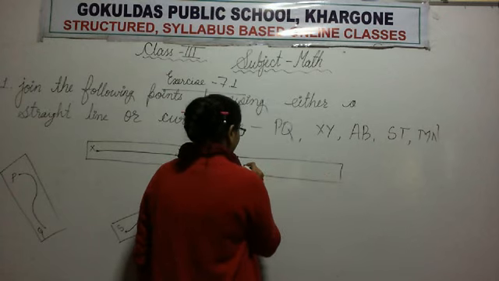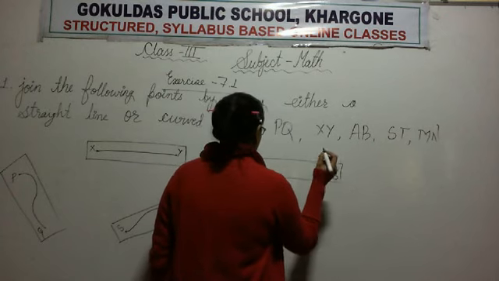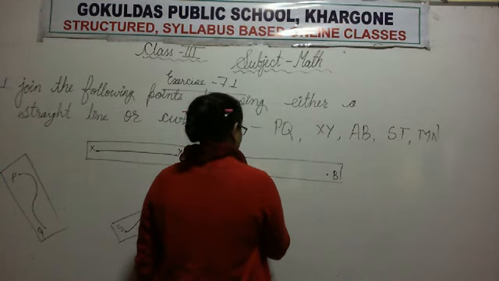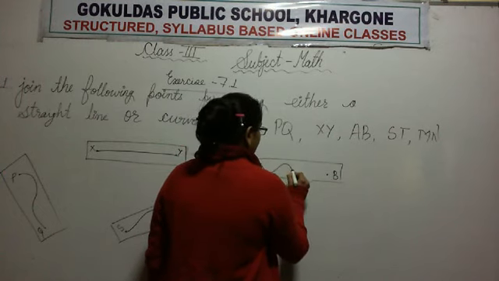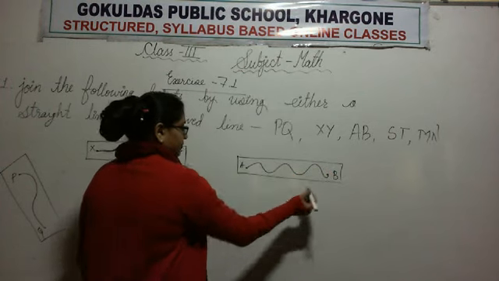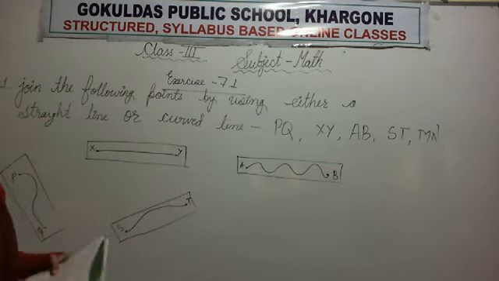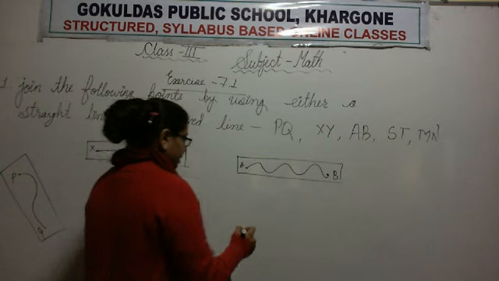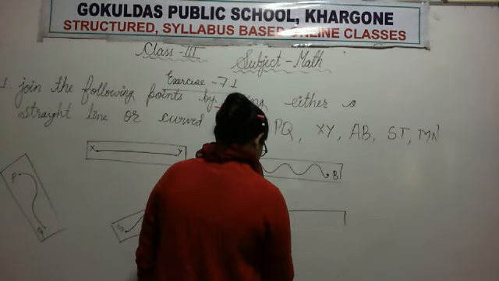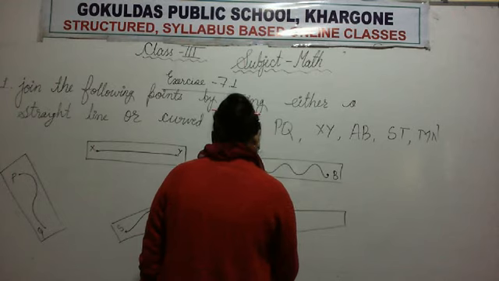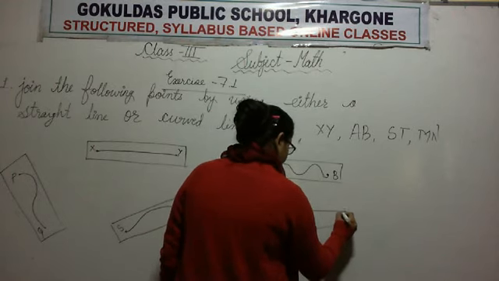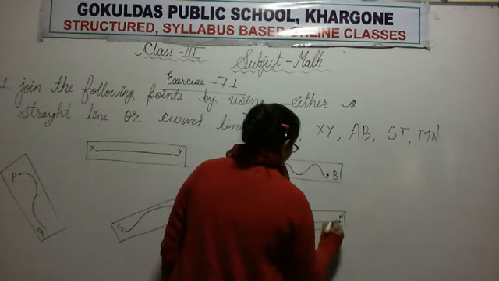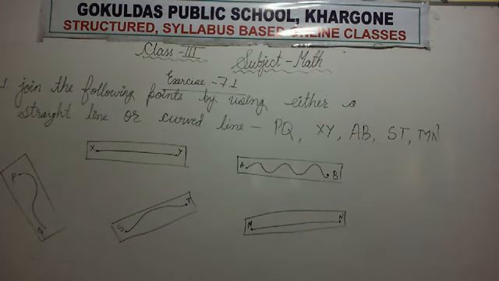Now the next points are A and B. Now I am making a curved line like this. Okay students. Now the next points are M and N. For joining M and N, I am using a straight line. So see students, question number 1 totally depends on your choice, how you want to do it.